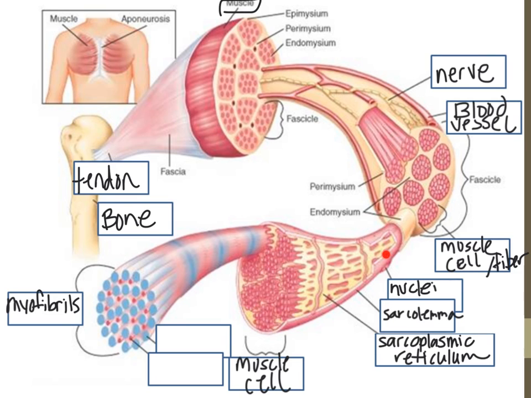Each one is made up of a muscle cell. Each muscle cell is made up of a myofibril, and each myofibril you can clearly see has two parts. These are strands of proteins, and those strands of proteins are called actin and myosin. So actin is going to be the skinnier one, and then we have myosin, the fatter one. And this is the basic arrangement of your muscles.